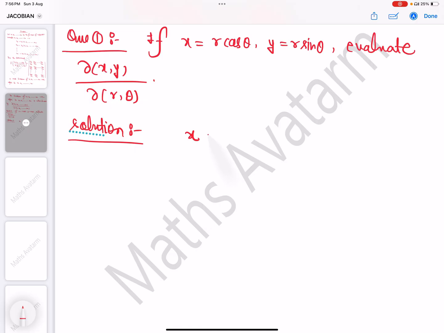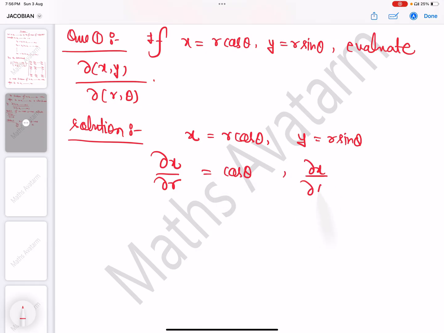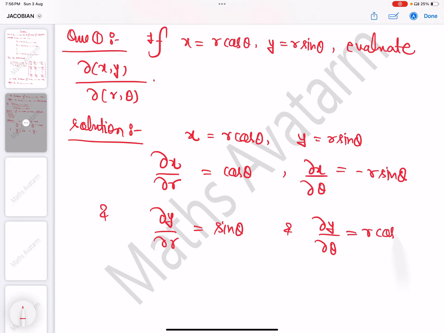So x is equal to r cos theta, y is equal to r sin theta. So what we have: del x upon del r is equal to cos theta, del x upon del theta is equal to minus r sin theta, and del y upon del r is equal to sin theta, and del y upon del theta is equal to r cos theta.